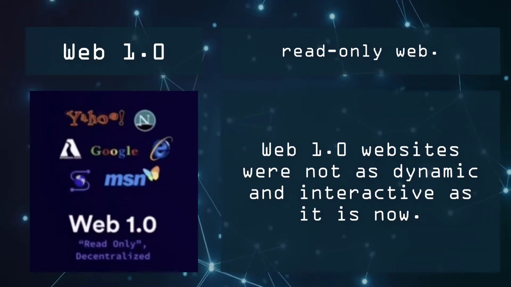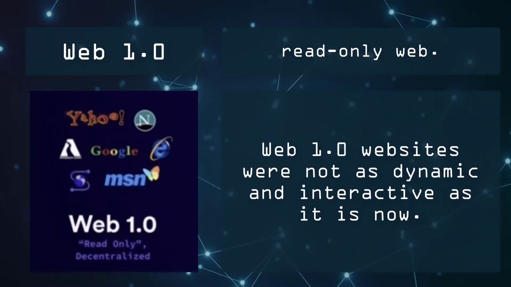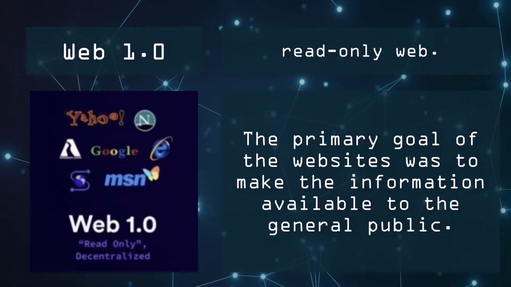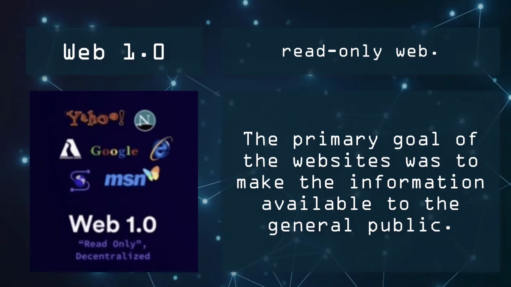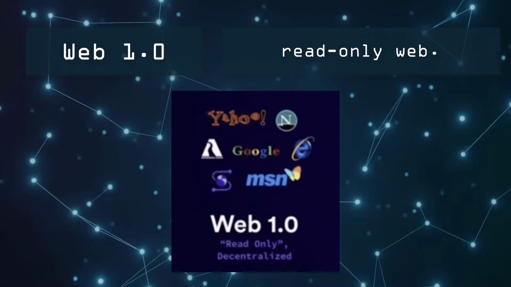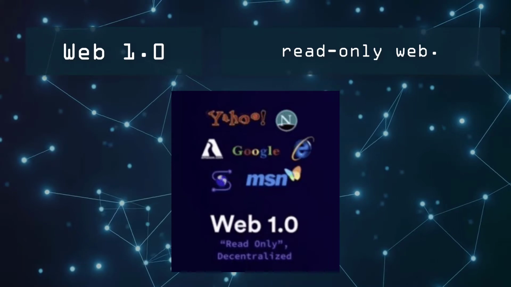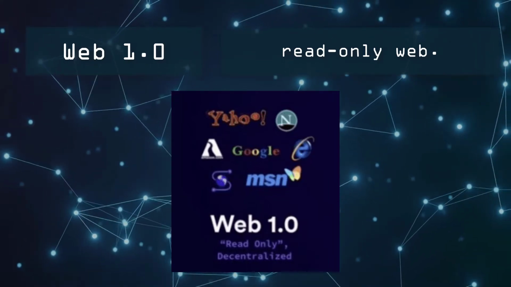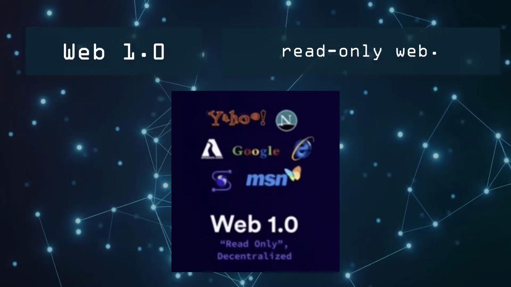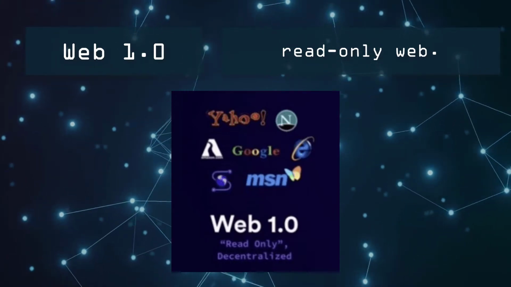Web 1.0 websites were not as dynamic and interactive as it is now. The primary goal of the websites was just to make the information available to the general public. As servers were improved, average connection speeds rose, and developers gained new skills and techniques. The shift from Web 1.0 to 2.0 occurred over time.